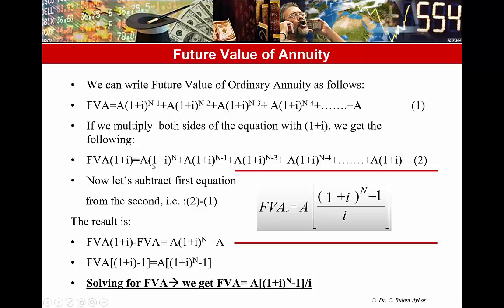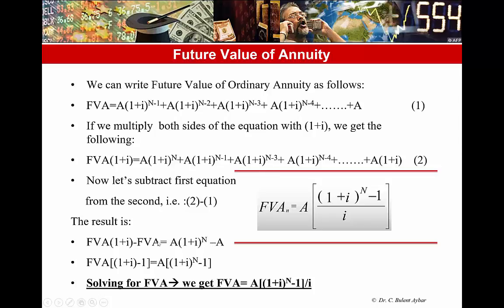So 1 plus I to the power n and this term that we have, A, are the two surviving terms. Since we are subtracting 1 from 2, that has a minus sign in front of it.